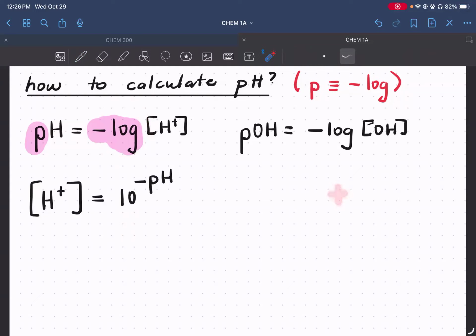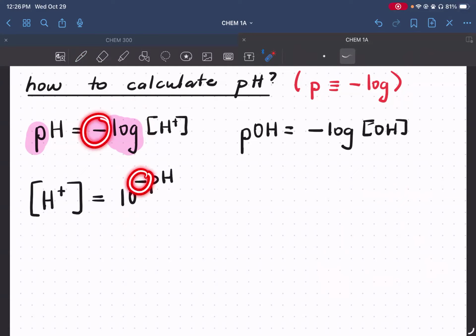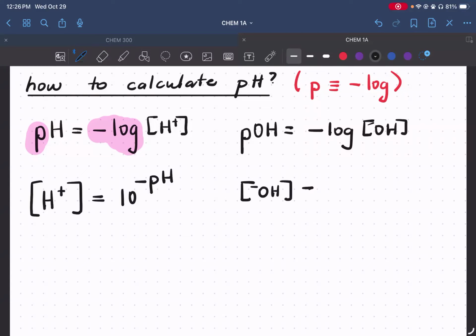Just as how we would say the opposite of addition is subtraction, just as we would say the opposite of multiplication is divide, the opposite of log is 10 to the, where of course the negative symbol is maintained in the exponent. By the same logic, we can also calculate the OH concentration using 10 to the negative pOH.